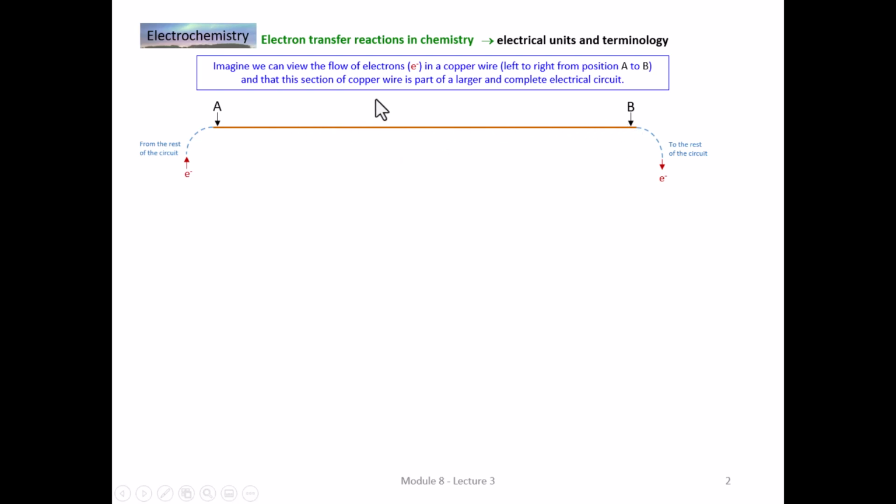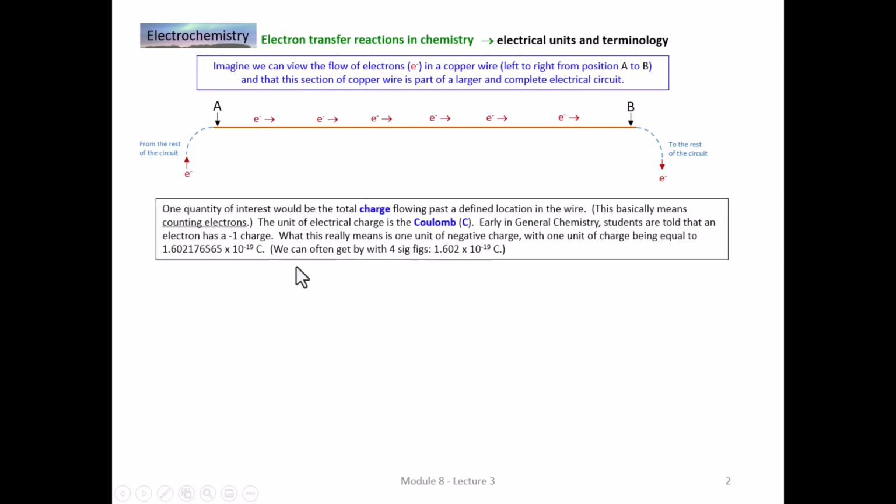And electrons are flowing from left to right, from position A to position B. So you notice there's electrons coming in from the rest of the electrical circuit to A. The electrons are going to flow across this copper wire and then go to point B and then out to the rest of the circuit. So we have little symbols for electrons here flowing from left to right.